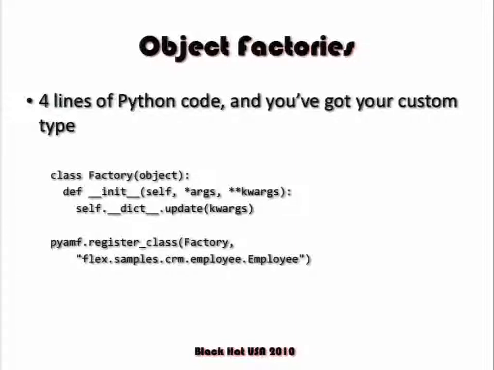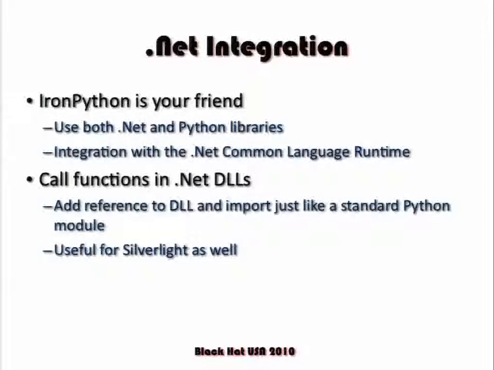IronPython has tight integration into .NET, and there's a couple of cool things you can do with it. Obviously, we didn't have enough time to go into all this, but it can be your friend when you're doing .NET stuff. Basically, you can import the common language runtime from .NET and then start calling functions out of the common language runtime, just standard .NET functions in Python, as well as take .NET DLLs and call functions out of those as well.